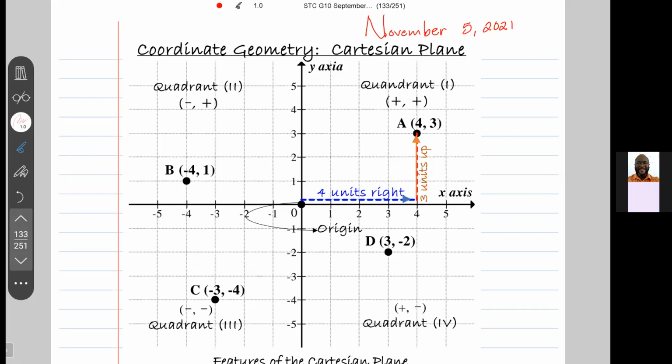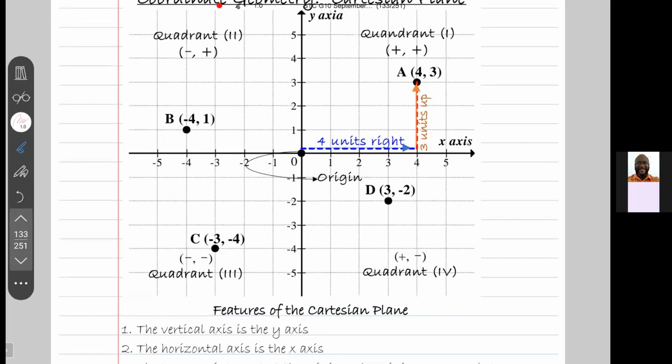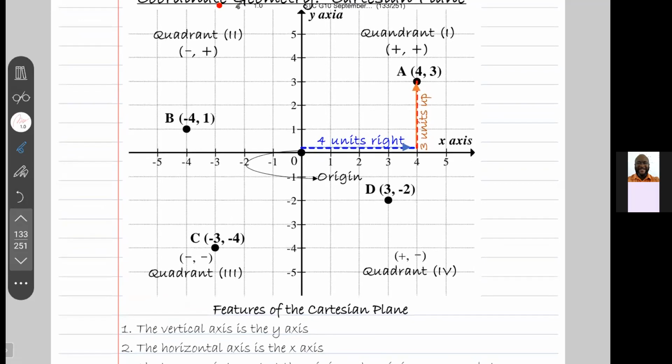All right, so we're looking at coordinate geometry, and before you, what we have is the Cartesian plane. Essentially, the Cartesian plane is the graph sheet after you put in your x-axis and your y-axis, and you label them.